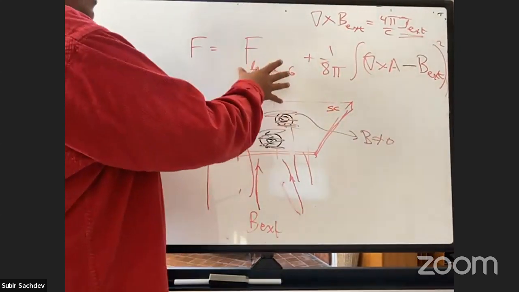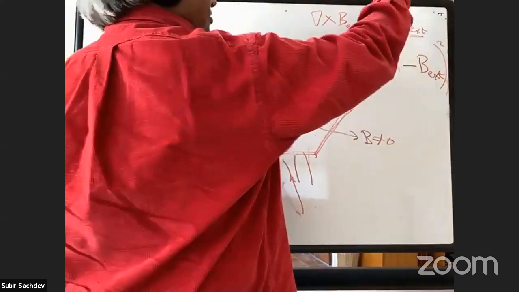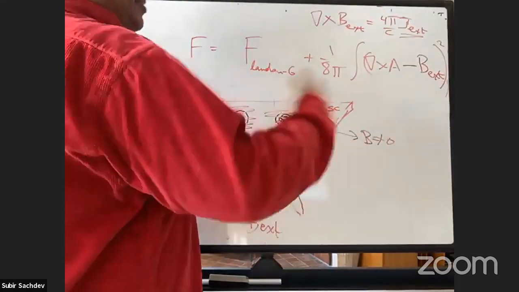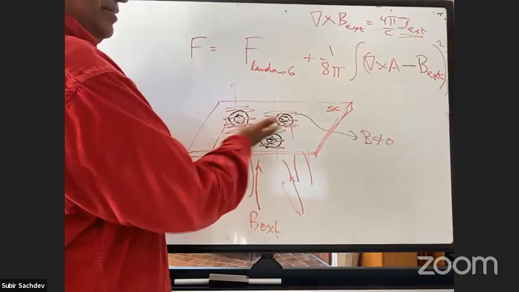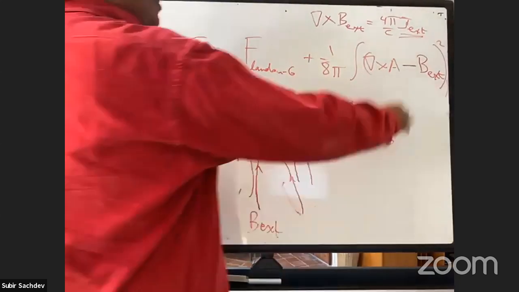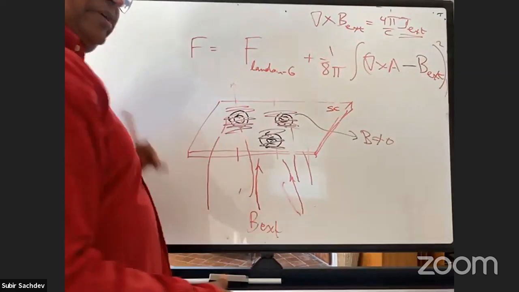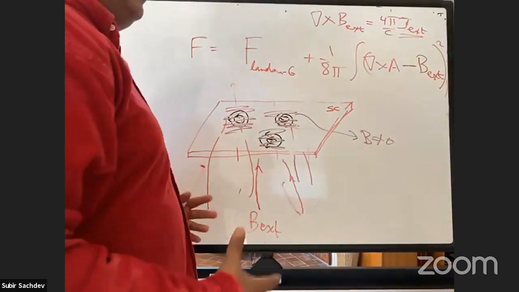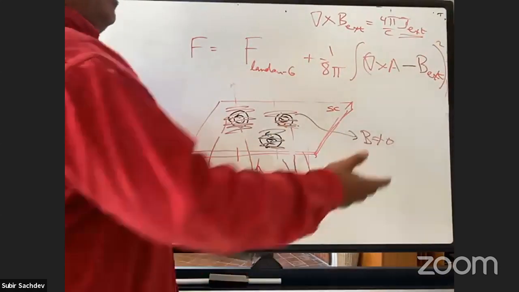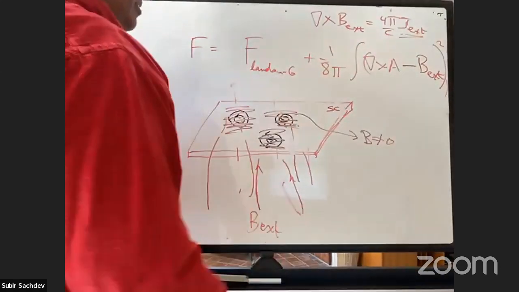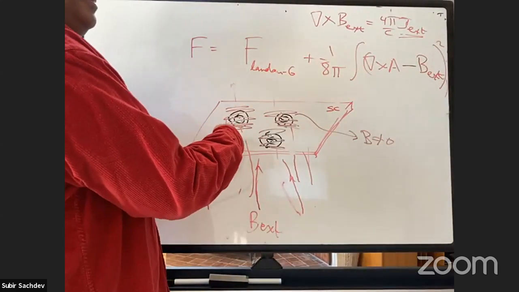Okay, so now I have those currents, and I'm going to assume they are just given to me. They're not going to vary. There's no feedback. They're just so large that they don't care whether a tiny little superconductor comes by. So that's fixed, some given constant. But now you want to figure out the actual magnetic field. The actual magnetic field will have two contributions. It will have one contribution from the external source, but it will also have a contribution from the supercurrents that are going to be created here.